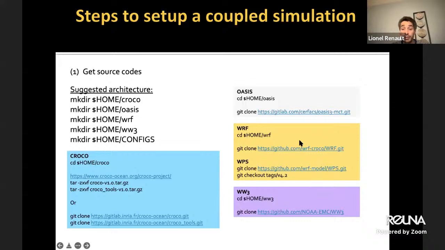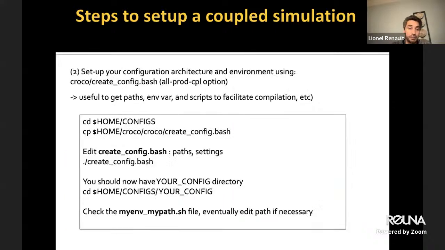But our WRF, of course, is fully compatible with the native WRF. We just have made some modifications for the coupling and other stuff. And for WaveWatch 3, you can directly download it from that Git. Everything is also specified in the CROCO documentation.